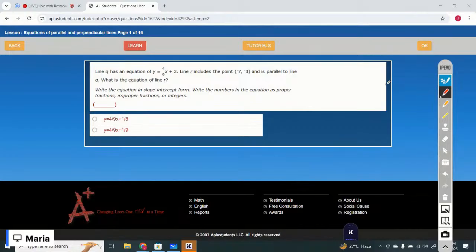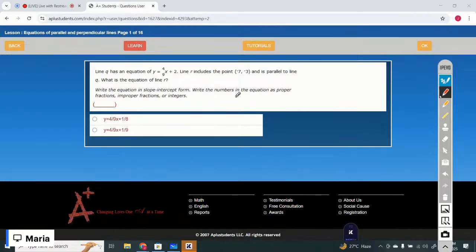Line R includes the point (-7, -3) and is parallel to line Q. What is the equation of line R?